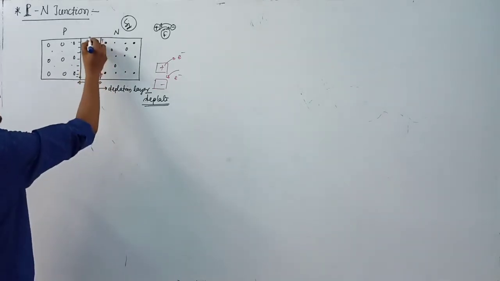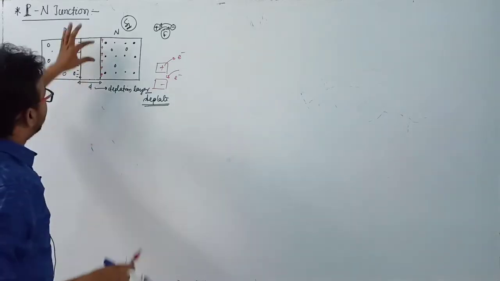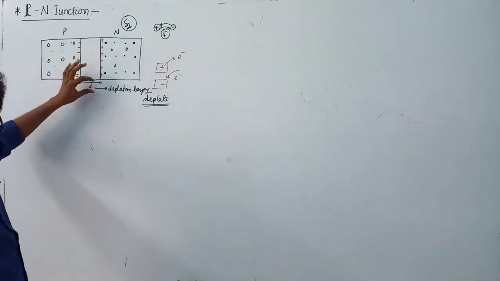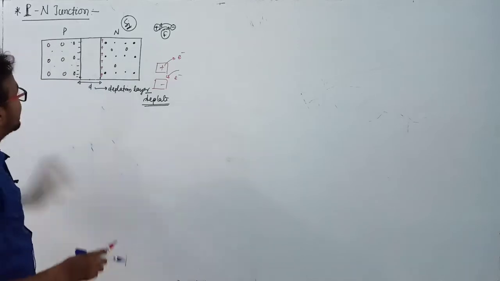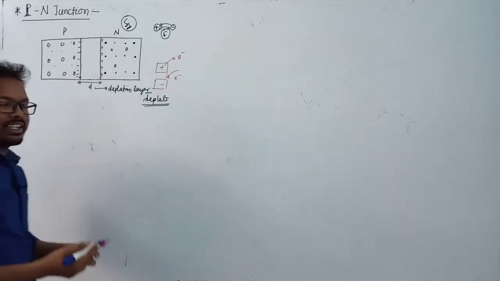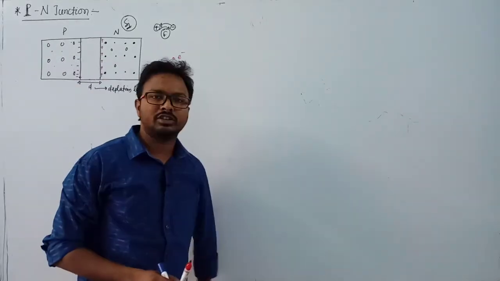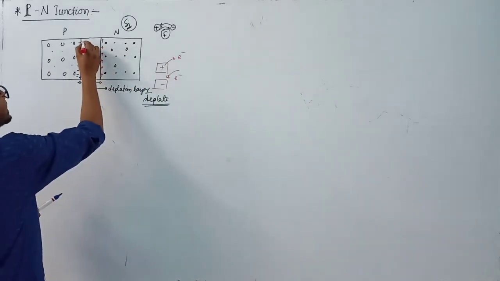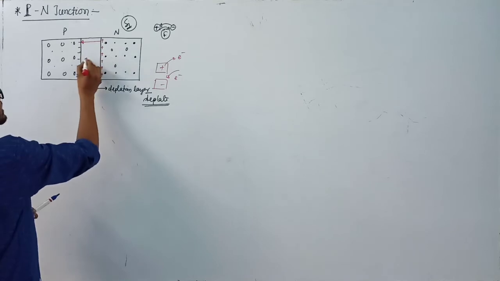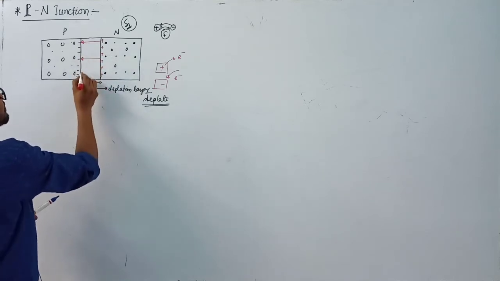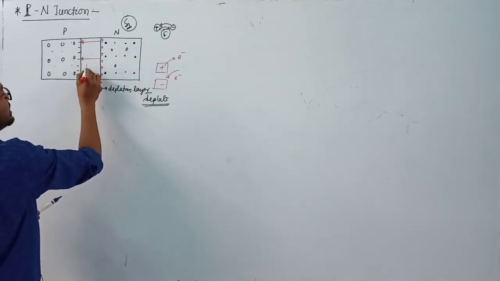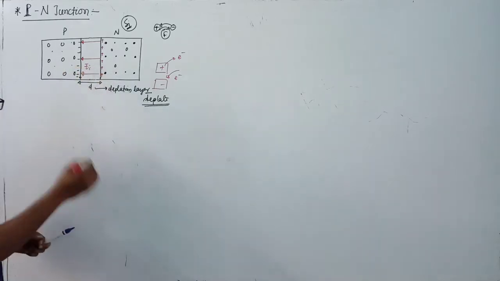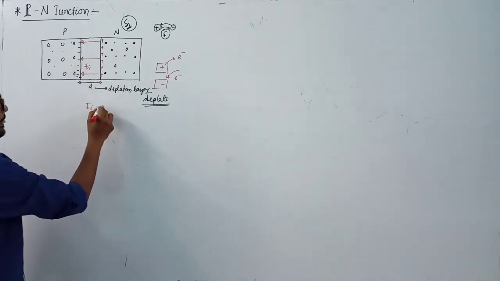Clear? Okay. And you already know, if there develops a positive charge on one side and a negative charge on the other side, the electric field always starts on the positive and terminates on the negative charge, so an electric field develops in this direction. This is the direction of the induced electric field, you can say E_i.